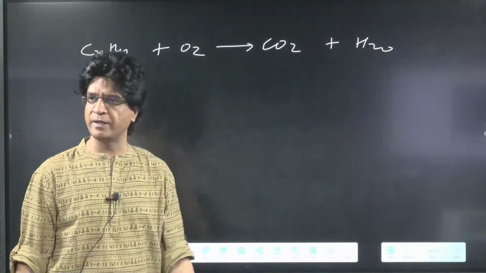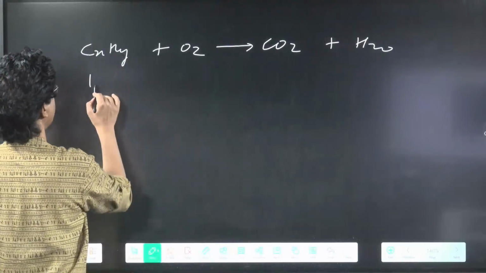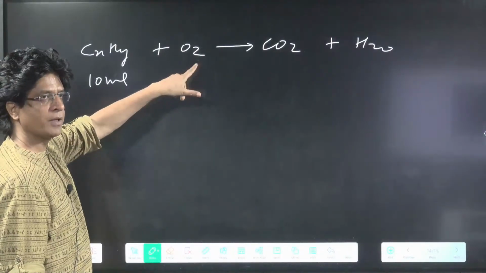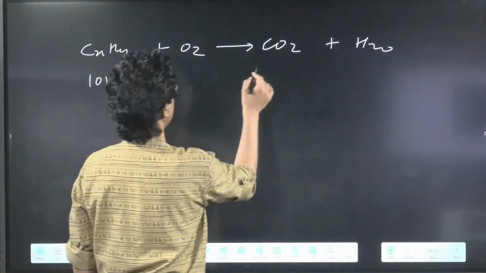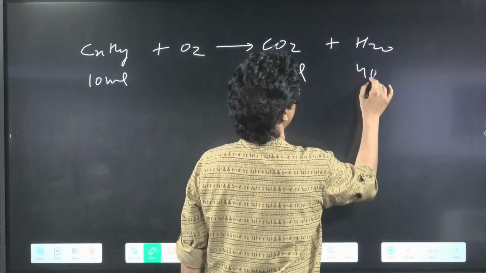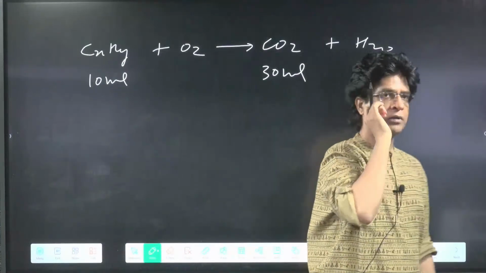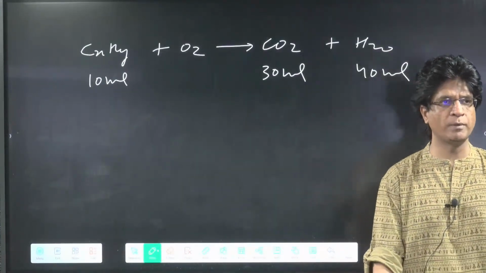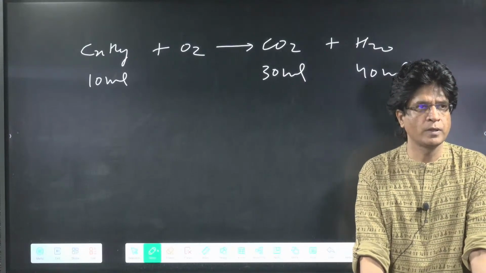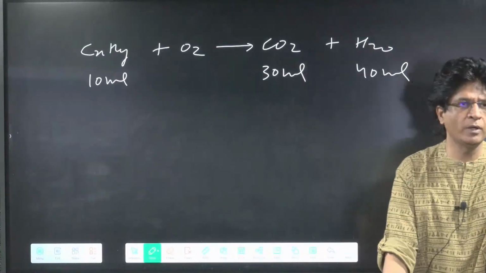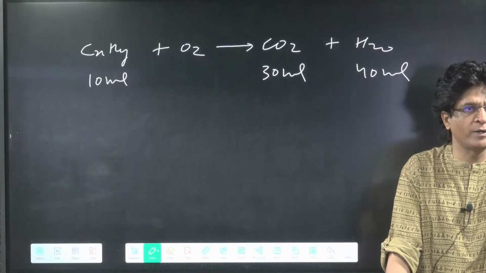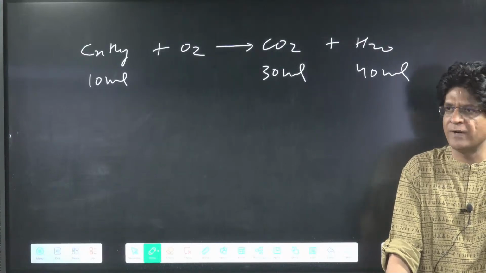The question they are giving is that 10 ml of hydrocarbon on complete combustion in oxygen gives you 30 ml of CO2 and 40 ml of water. Find the empirical formula of the hydrocarbon.